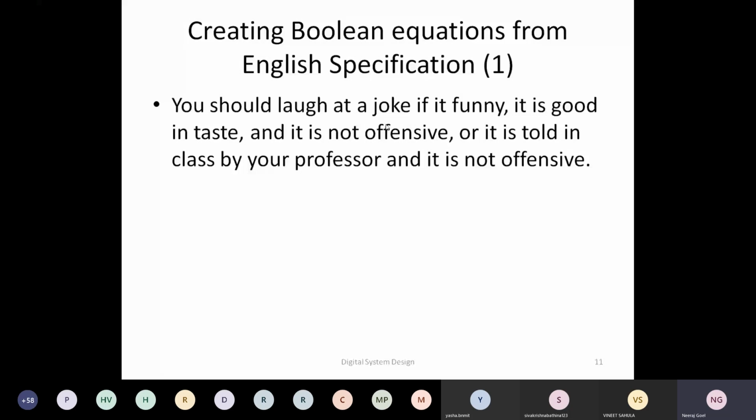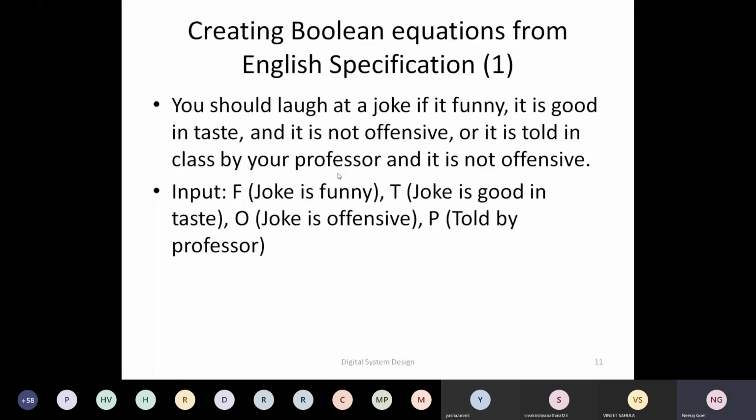One input could be whether it is funny, the other whether it is good in taste, the other whether it is offensive, and another whether it is told by a professor. That means there are 4 inputs. So inputs are F, joke is funny, T, joke is good in taste, O, joke is offensive, and P, it is told by a professor. And the output we are calling L, laugh.